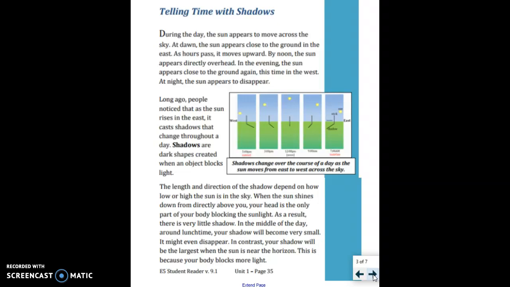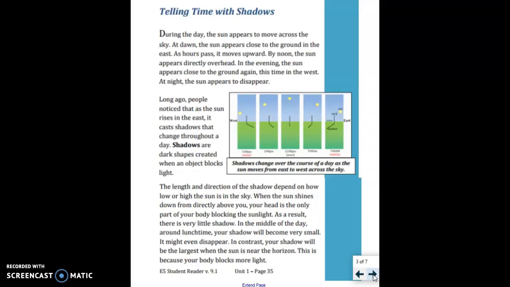Long ago, people noticed that as the sun rises in the east, it casts shadows that change throughout a day. Shadows are dark shapes created when an object blocks light. The length and direction of the shadow depend on how low or high the sun is in the sky. When the sun shines down from directly above you, your head is the only part of your body blocking the sunlight.